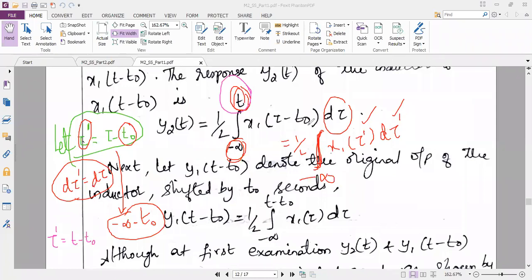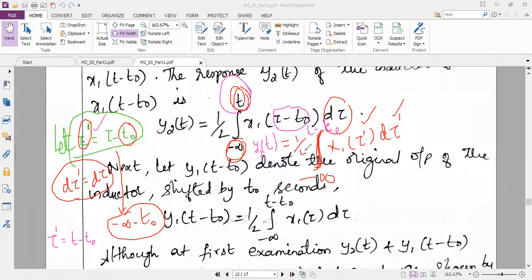So I am modifying equation 1 with the upper limit t minus t naught. Now my new equation is y2 of t. The left hand side I have not changed anything; the t is t only. Only on the right hand side, tau minus t naught I have equated to the new variable tau dash.